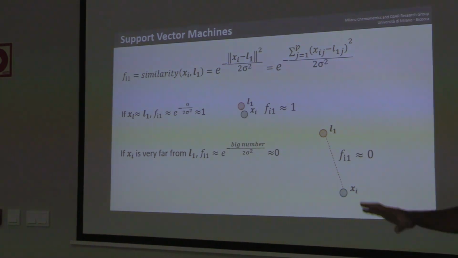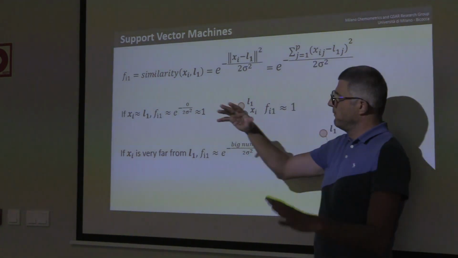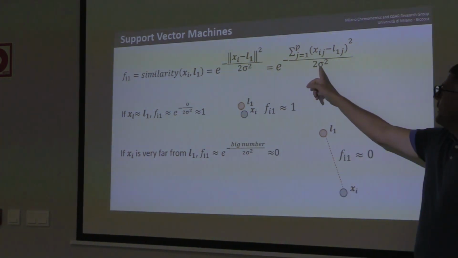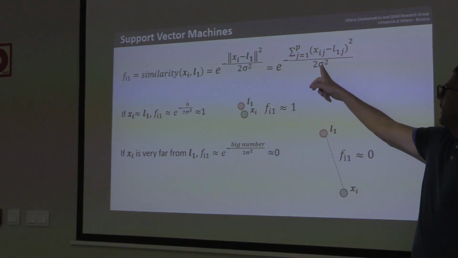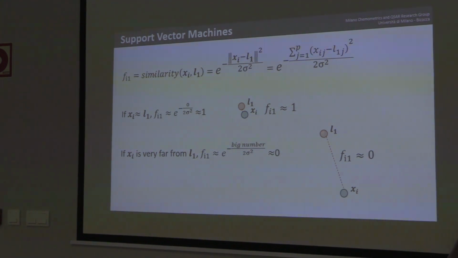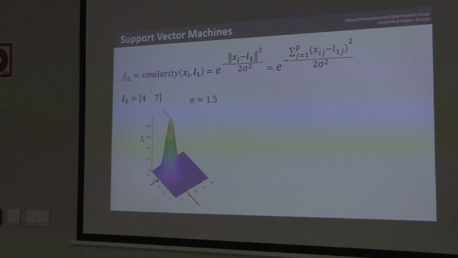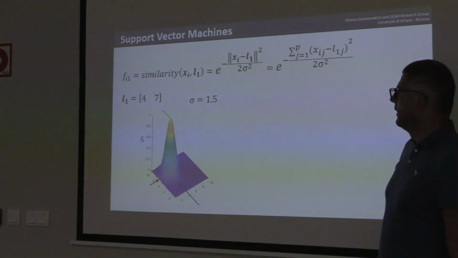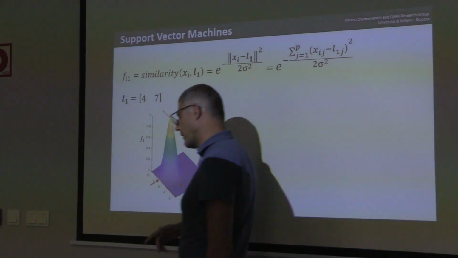Now, if you want to see it from a graphical point of view, and see the effect of sigma, if you remember the Gaussian distribution, you probably already understood that. Here you are, this is a graphical example.